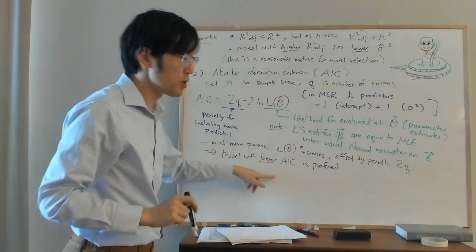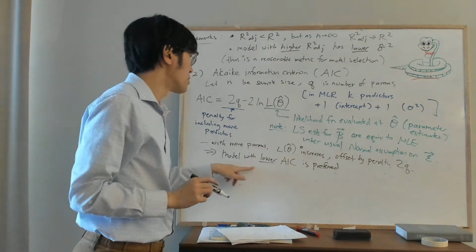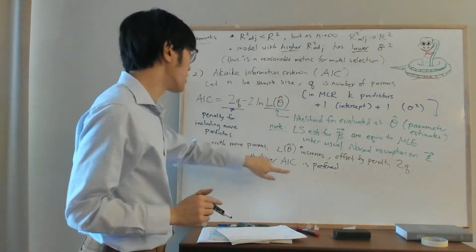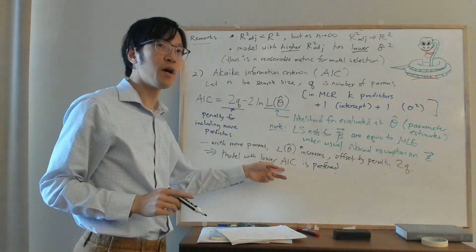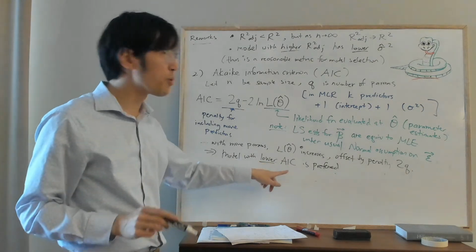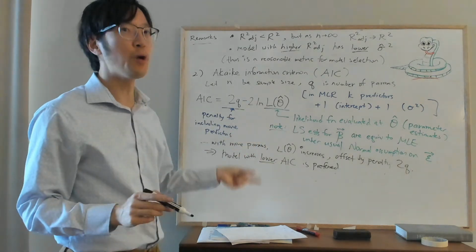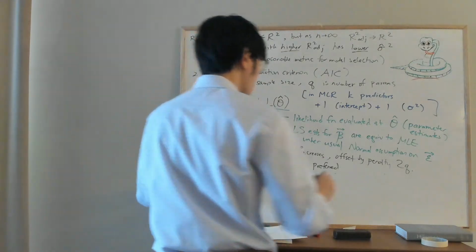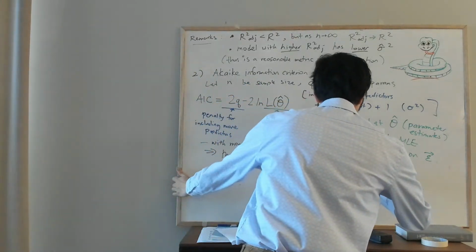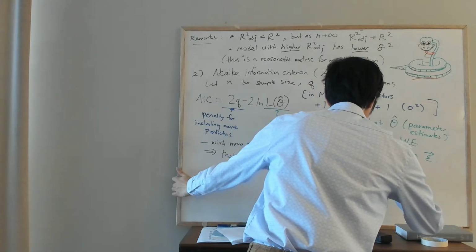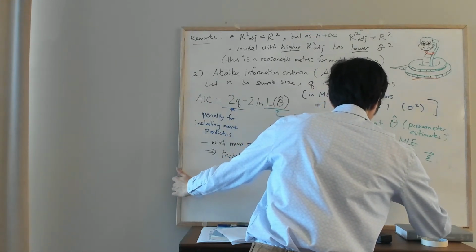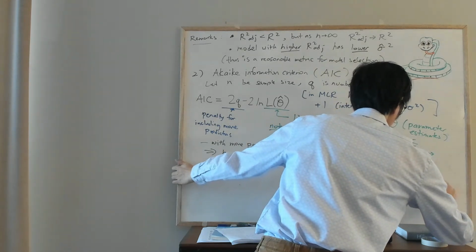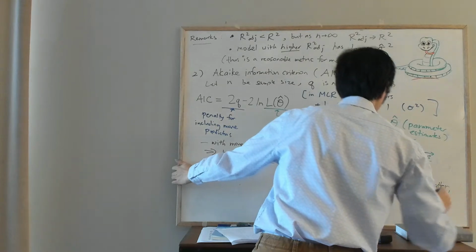And what really matters is the difference between AIC values. The magnitude of the AIC is not interpretable. It has to be interpreted relative to the AICs of other models. So it's the differences in the AIC that matter.